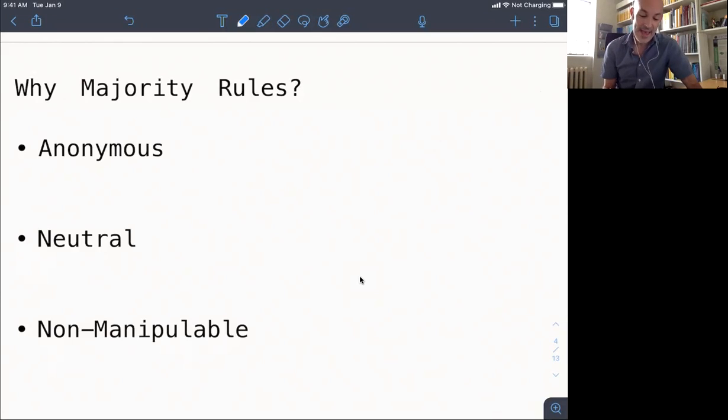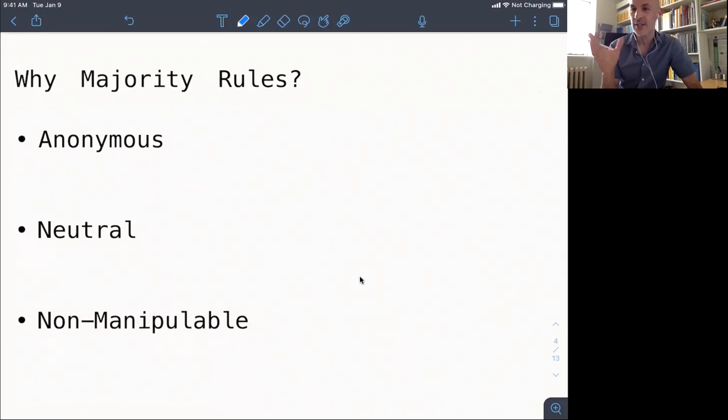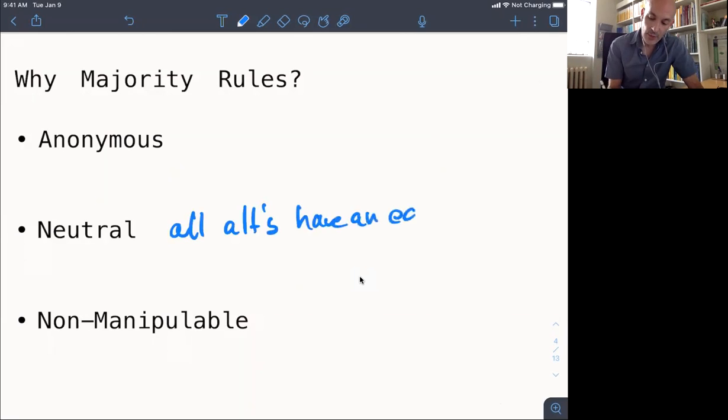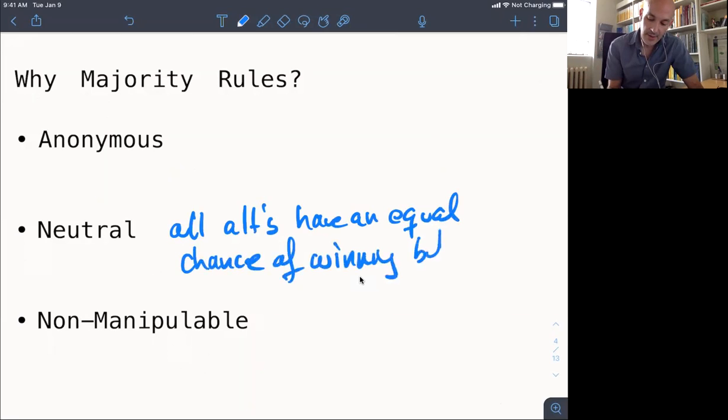Okay. It's neutral. Now, neutral, so I'm going to do my best not to put any mathematical formalism in this whatsoever. There's a formal mathematical definition of neutrality, but I'll just write it down for you since it's not something that's very familiar. And it just says that all alternatives have an equal chance of winning before voting starts.